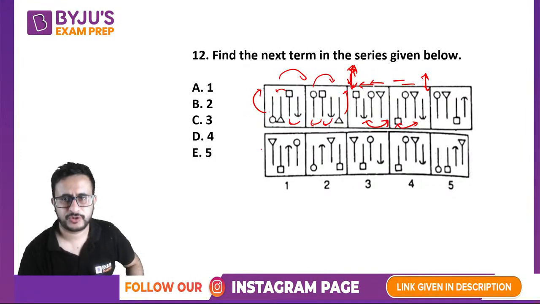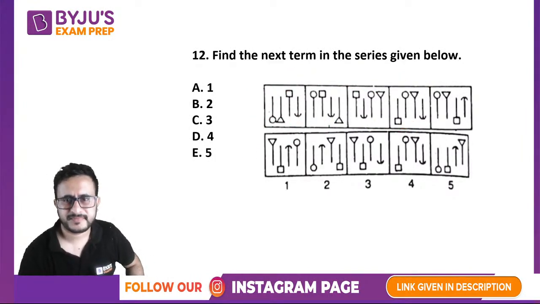In this first image, this and this are moving one place to the left, so they are going left by one place each. And from this to this, these two are moving one place to the left.